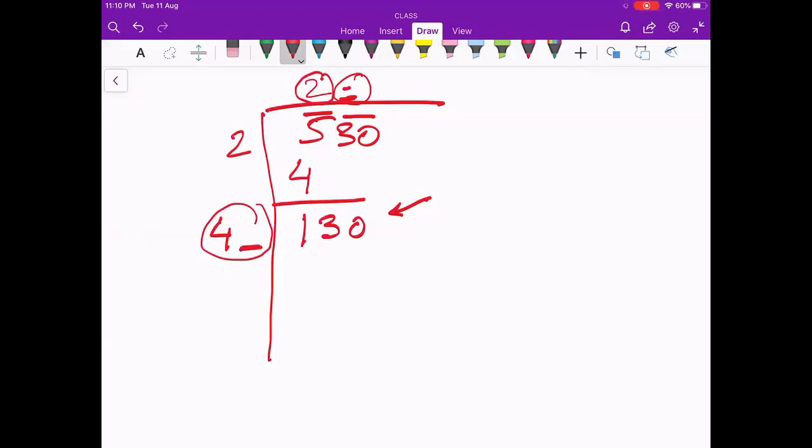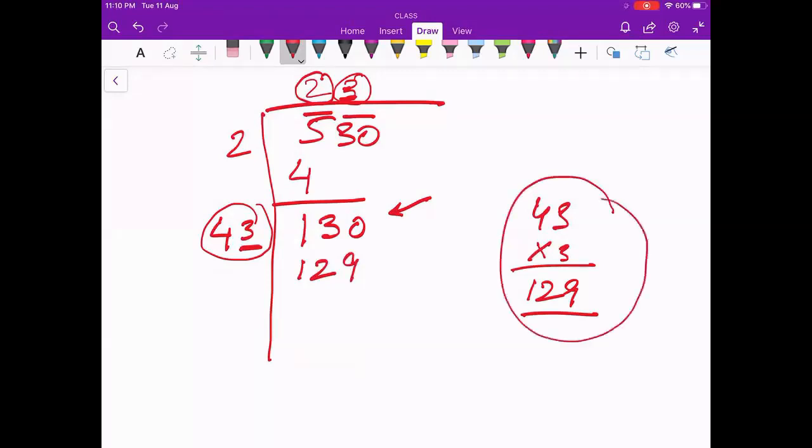So suppose we take 3 here. We can check, 43 into 3 will be 129. So it is just less than 130. Now this we have to check by hit and trial method. With practice, we can develop the speed.